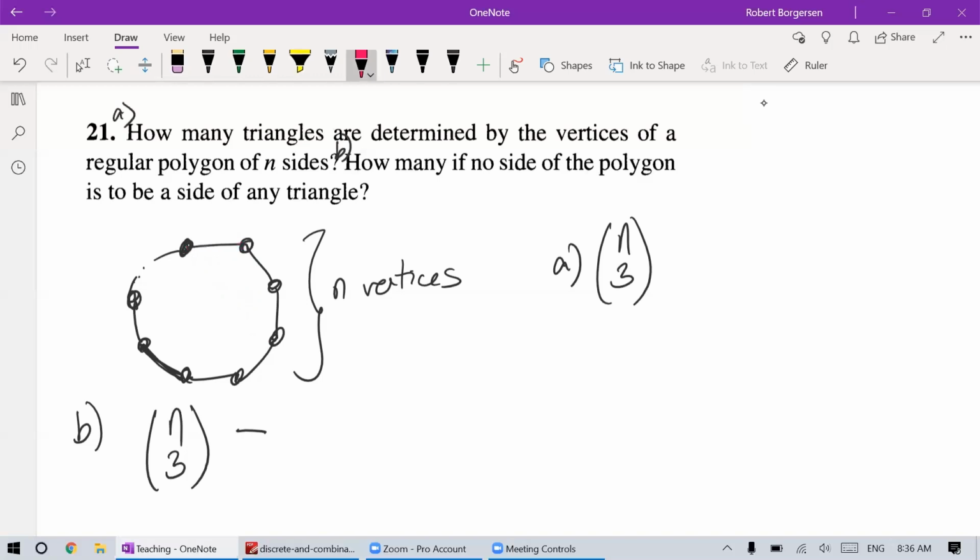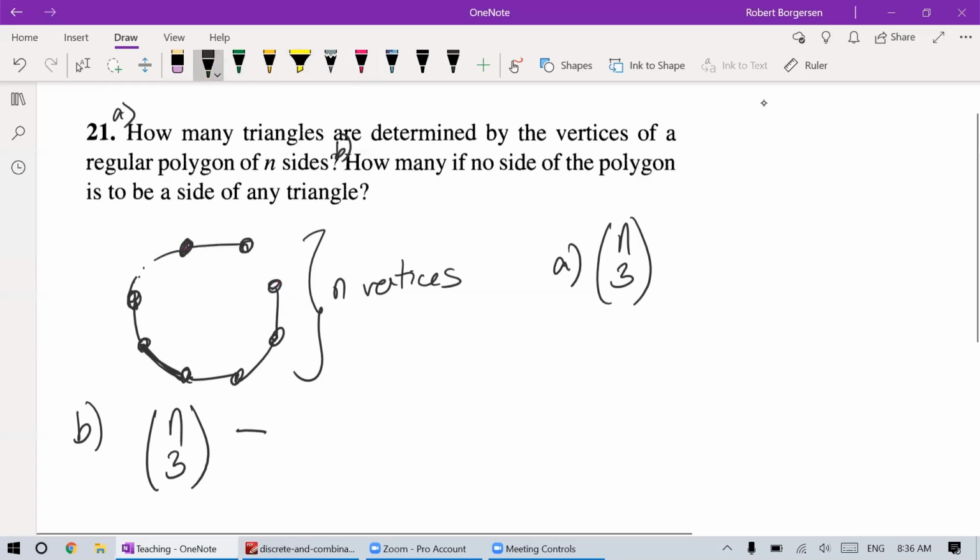How many with this edge? n minus 2 again. Except, hold on. You've actually double counted, because there's one triangle that uses both those edges, right? And so this is where you have to break it into parts.